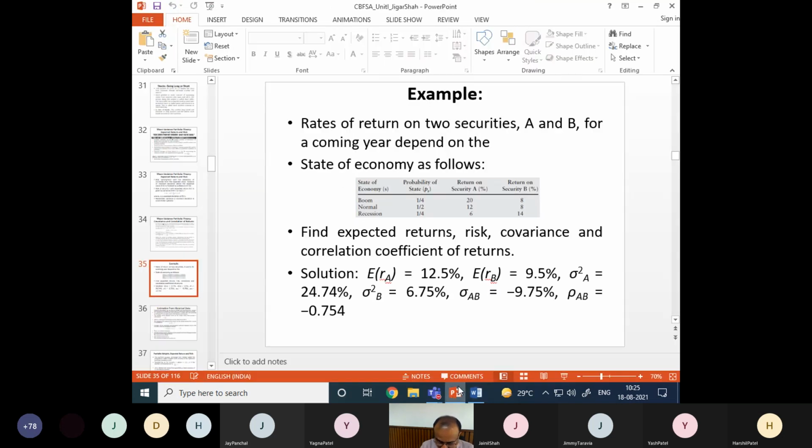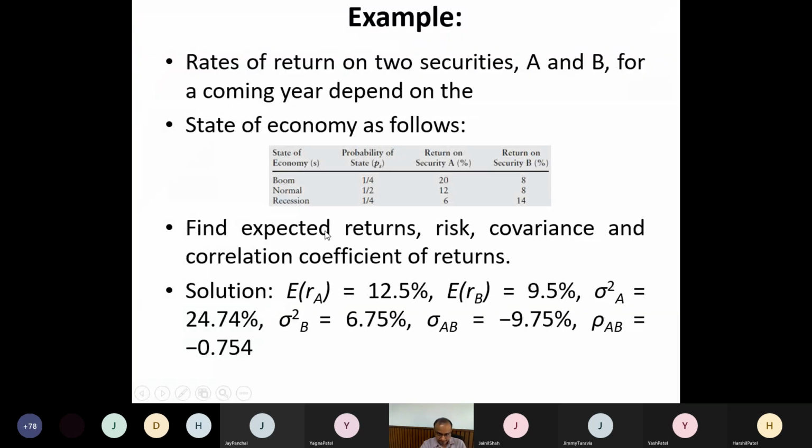Now let me go to this example. Here we have one table, and let us take this data as available. We have three possible states of economy: boom, normal, and recession, with probabilities 1/4, 1/2, and 1/4. The return on security A in percentage is specified: in boom the security A gives 20% return, normal 12%, recession 6%.